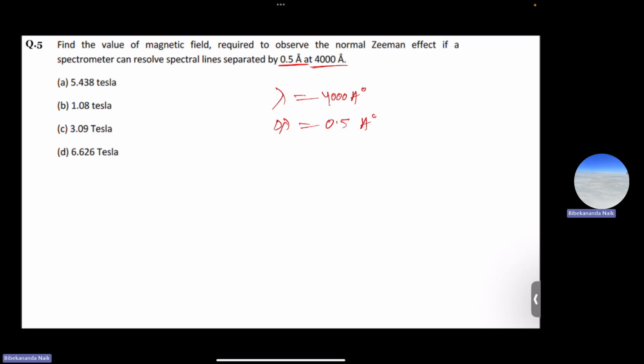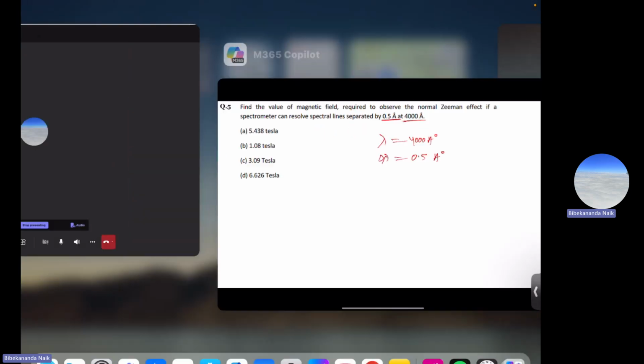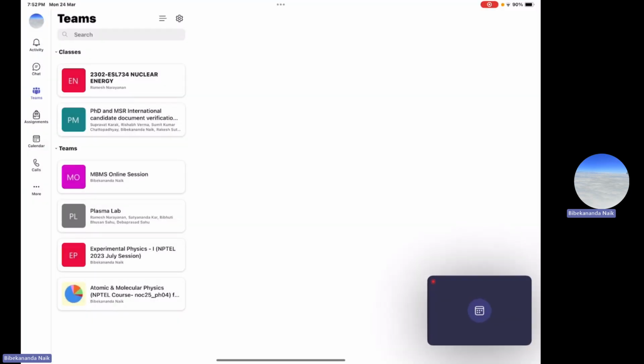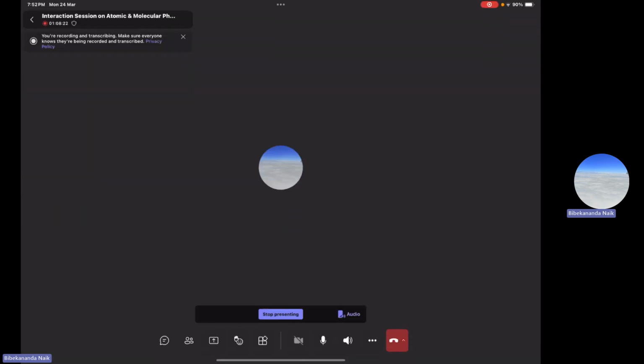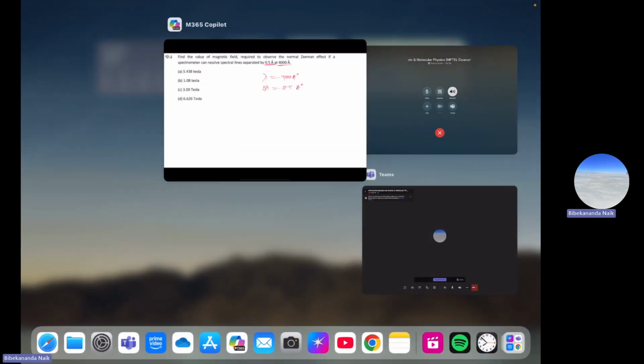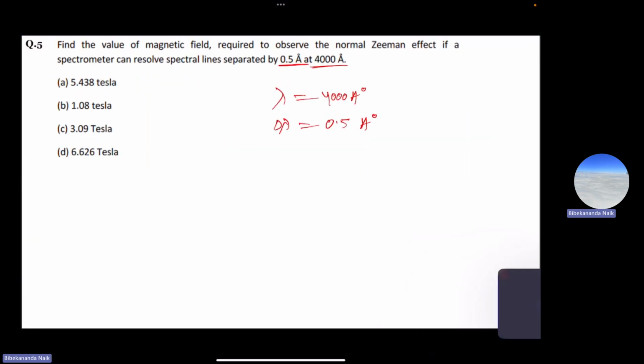Options are option A 5.438 Tesla, option B 1.08 Tesla, option C 3.09 Tesla, option D 6.626 Tesla. I'll give you a few minutes to think about this question and try it, and then we will discuss what will be the correct answer.